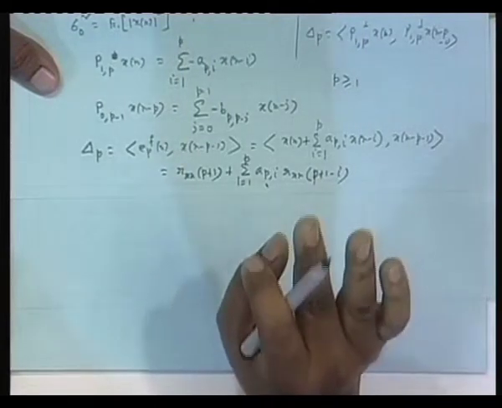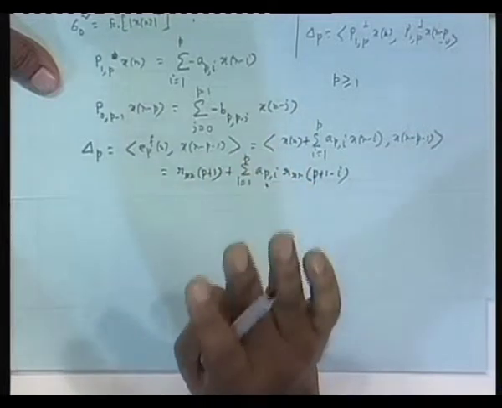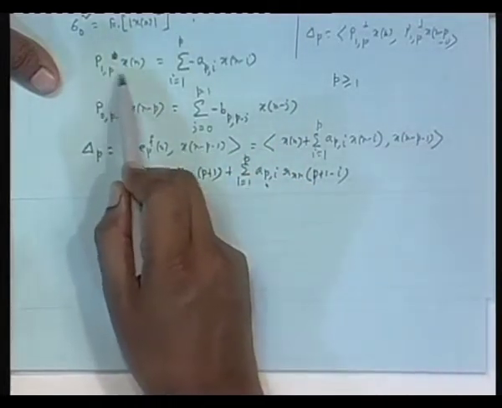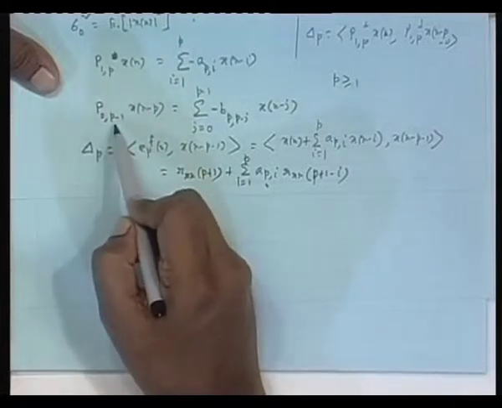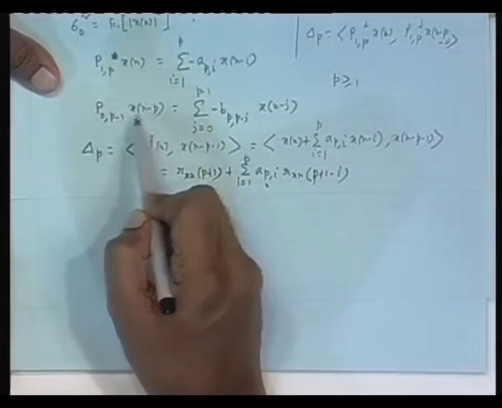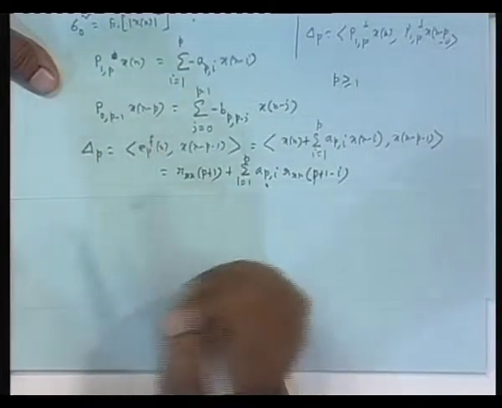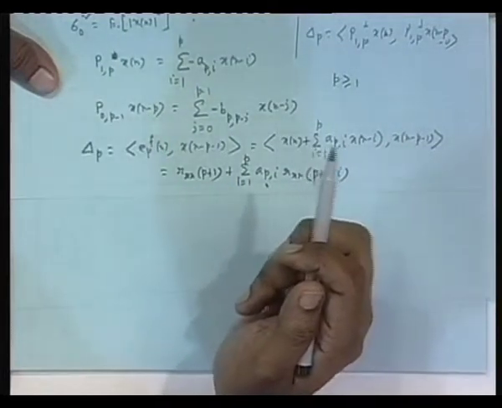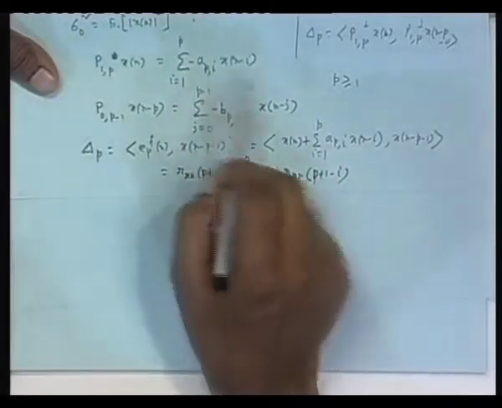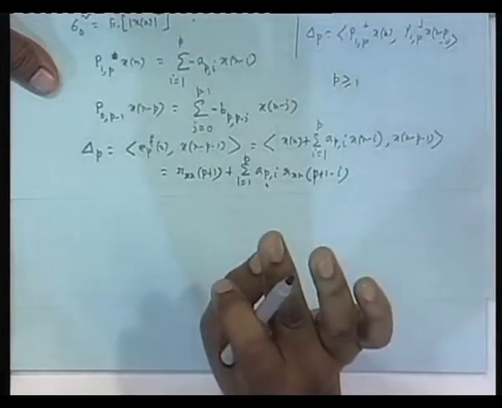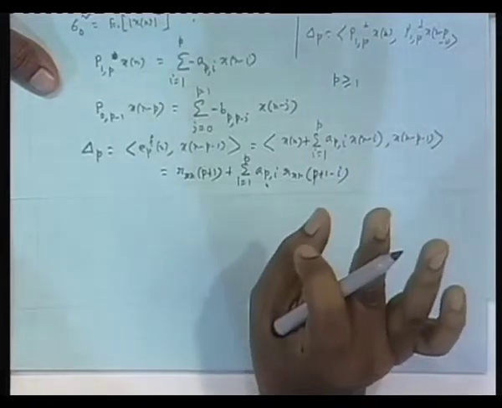That is, you have already been given the coefficients at the end of the first stage. That is, you have found out at least p 1 comma 1 x n, p 0 comma 0, x n minus 1. You know these coefficients, or p can be anything, any number higher than 1. This is given to you, we are assuming.